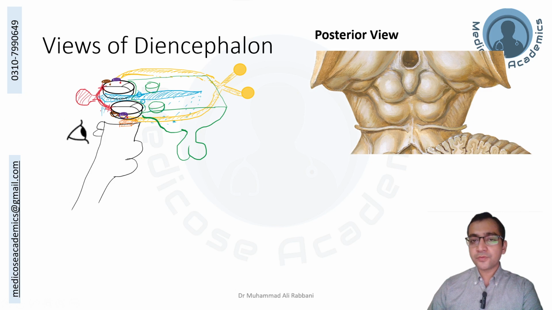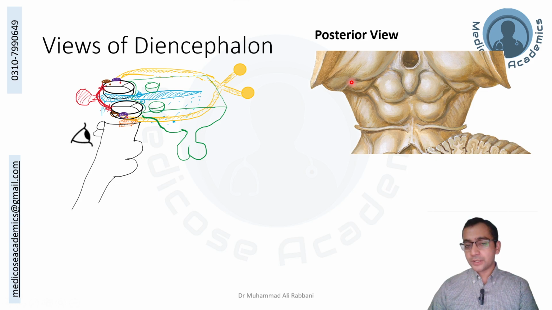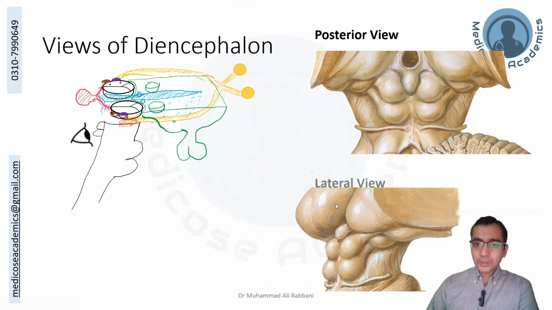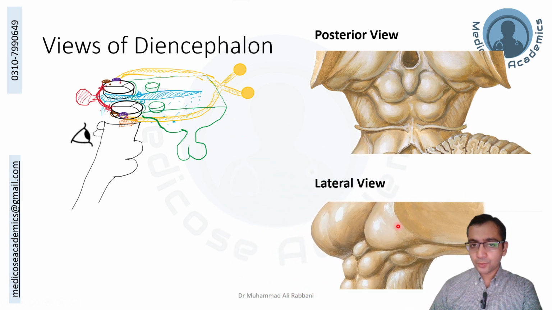If we shift our view to a little posterolateral aspect, we will have somewhat of a similar picture. But one thing that I would like to bring focus on is this structure. This is the superior colliculus, this is the lateral geniculate body. I want to put focus a little on the connection between the two.